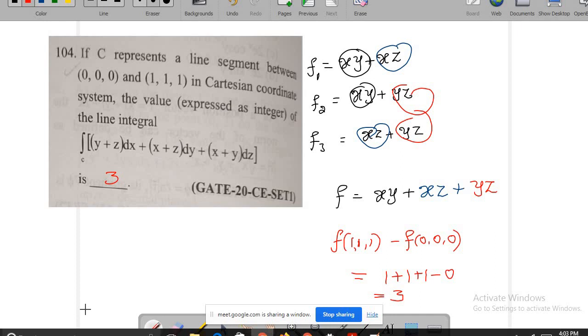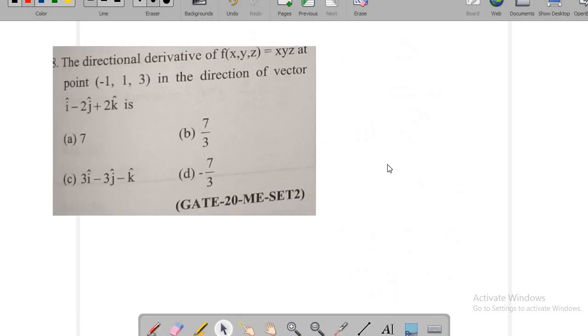See, there is a question on directional derivative in the mechanical 20 paper. Given a function, at this point they are asking us to find the directional derivative in this direction. So you know the direction, which is I minus 2j plus 2k. Now you know the function. What do you do? First you find grad f.